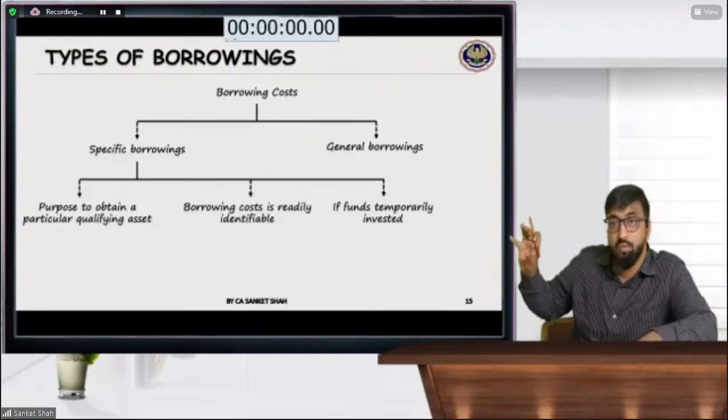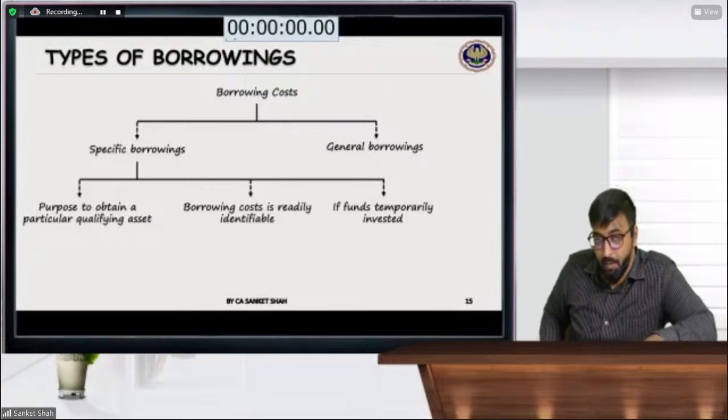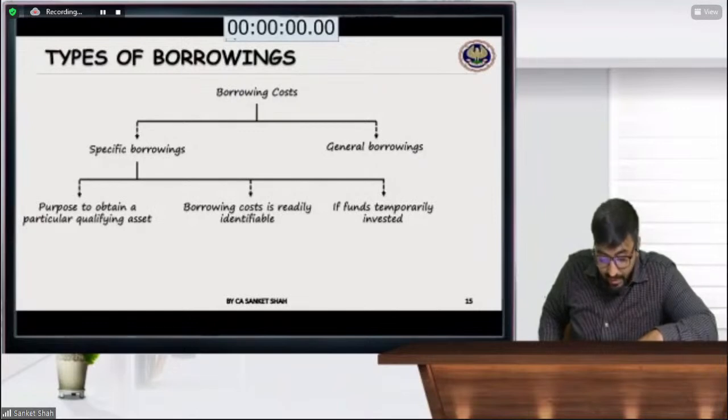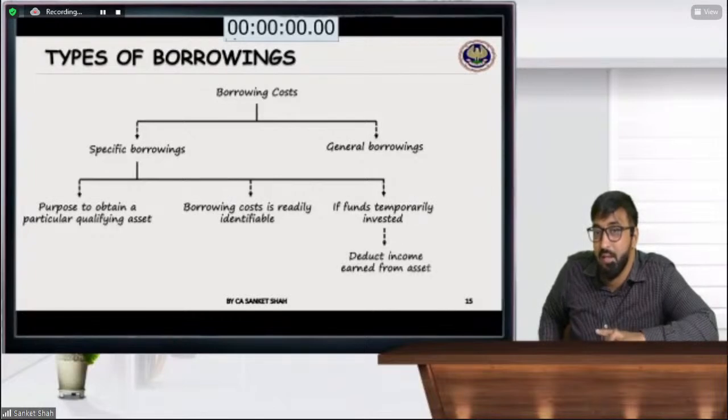So I have sanctioned a loan of 1 crore, but out of this, my payment now is only 20 lakhs. So I invested 80 lakhs somewhere, and on that 80 lakhs I'm getting some interest. That interest has to be deducted from the capitalization amount. So if funds are temporarily invested, deduct the income from qualifying assets. So this is a specific borrowing.